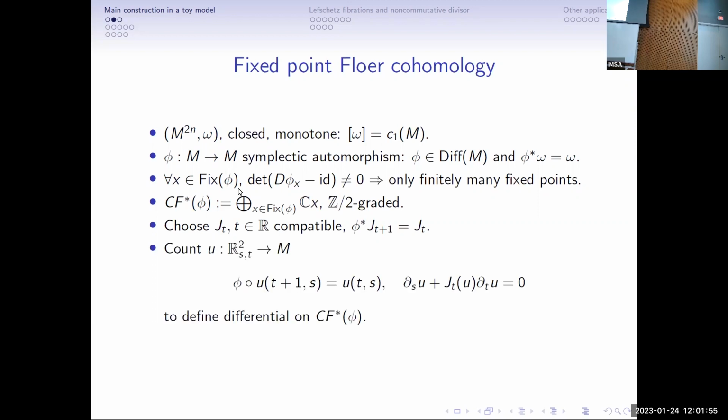Then we can count holomorphic maps to our manifold with suitable conditions. In this convention, I write u defined over the domain R^2, which has 2 coordinates s and t. The variable t corresponds to the variable we had before, and it satisfies a periodic condition, still twisted by the map, and it also solves the Cauchy-Riemann equation.